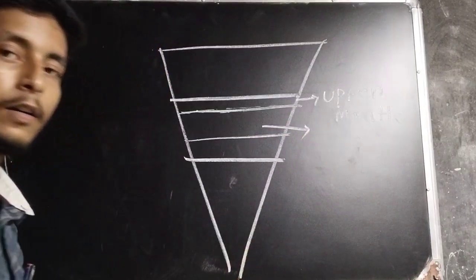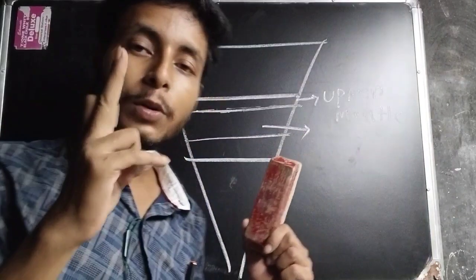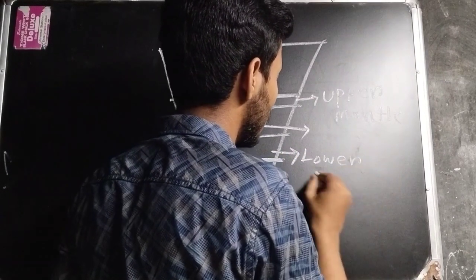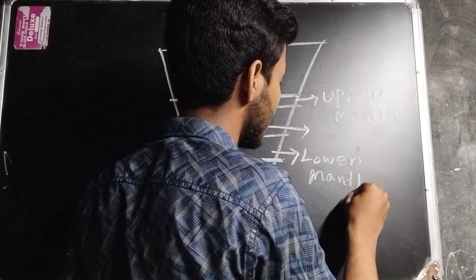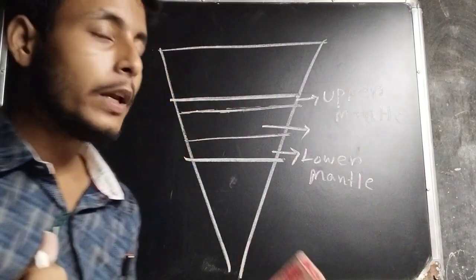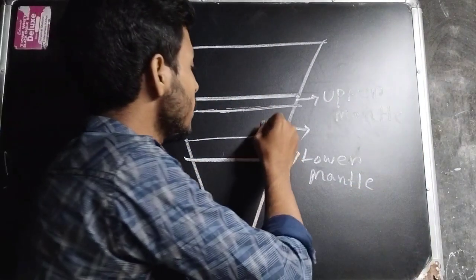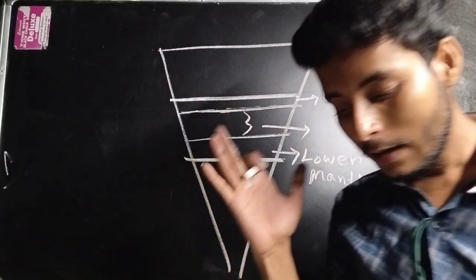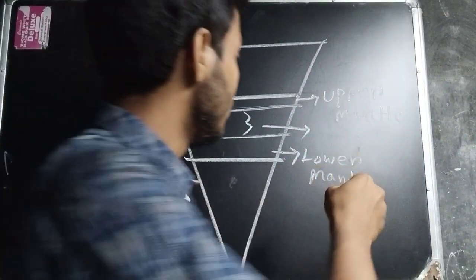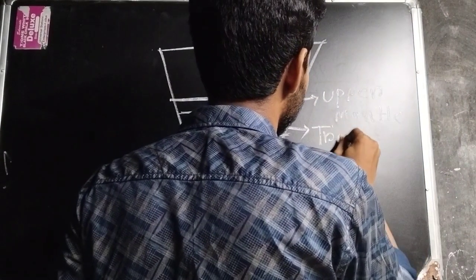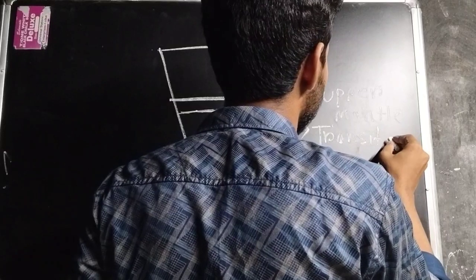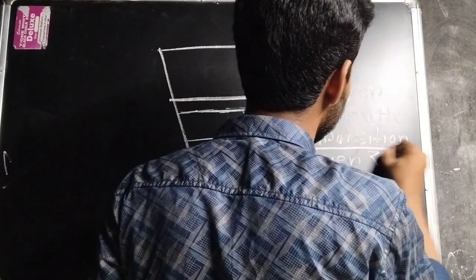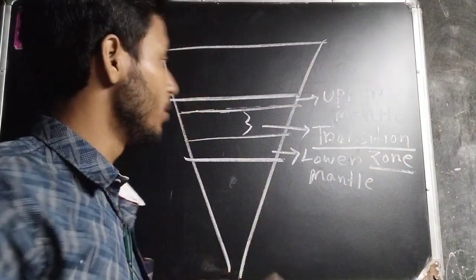We all know about two things, upper mantle and lower mantle, but most people don't know about the middle portion. The name of the middle portion is the transition zone.